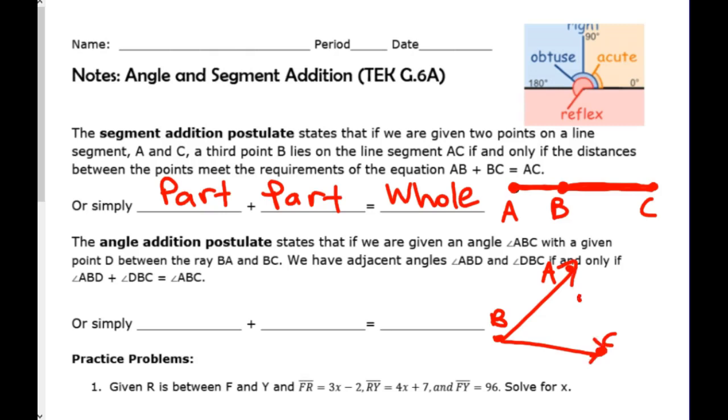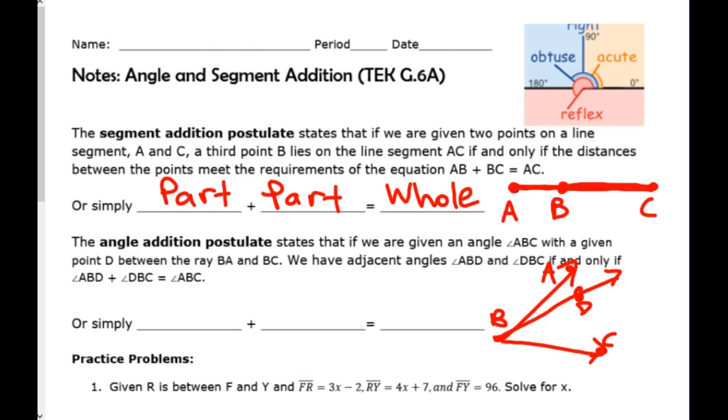So I'm going to put the letter D somewhere in here. It doesn't have to be exactly in the middle. And again, forgive my drawing, and I don't have rulers for y'all yet. So, okay. So you can kind of see that I've got two angles that are right next to each other. Okay. And it says we have adjacent angles ABD right here, and then angle DBC right here.